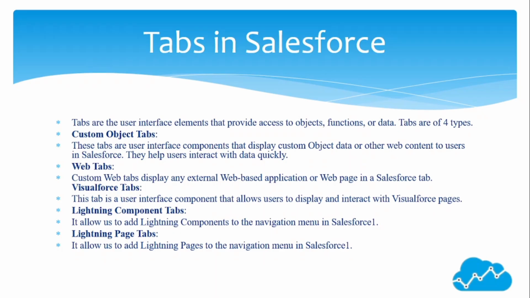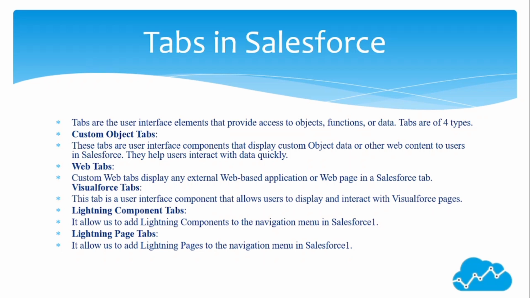Tabs in Salesforce. Tabs are the user interface elements that provide access to objects, functions, or data. Tabs are of four types. Custom object tabs: these tabs are user interface components that display custom object data or other web content to users in Salesforce. They help users interact with data quickly.